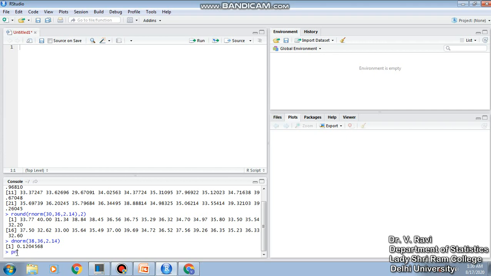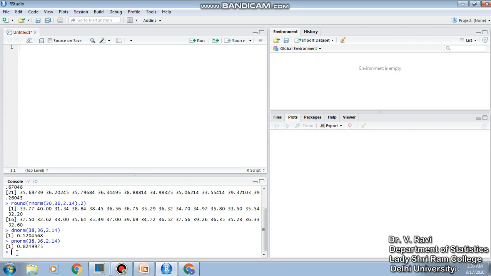Now, what is the probability that the temperature will be less than 38 degrees on any given day? I will simply use pnorm, which gives the probability that a random variable is less than or equal to any number, and that number is 38 here. The mean of the distribution is this, the standard deviation is this. So there is an 82.499% chance that the temperature on any given day is less than or equal to 38.